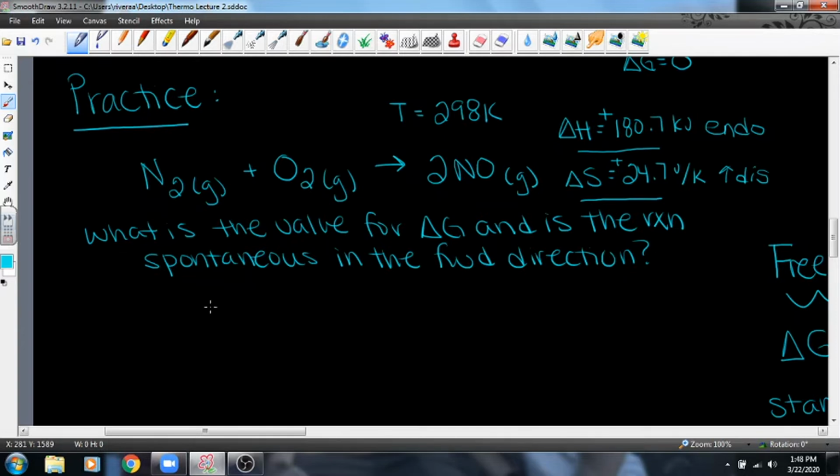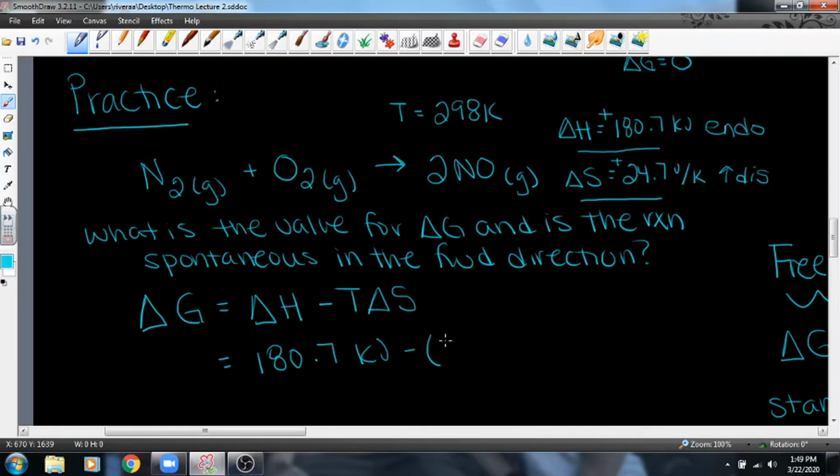So all I have to do is plug these values into my delta G equation. Delta G is equal to delta H minus T delta S. And then you just got to watch your units, you guys, right? My delta H is in kilojoules, so I've got 180.7 kilojoules minus my temperature, 298 Kelvin. And I need to turn my joules per Kelvin into kilojoules per Kelvin for my delta S so that my units work out.